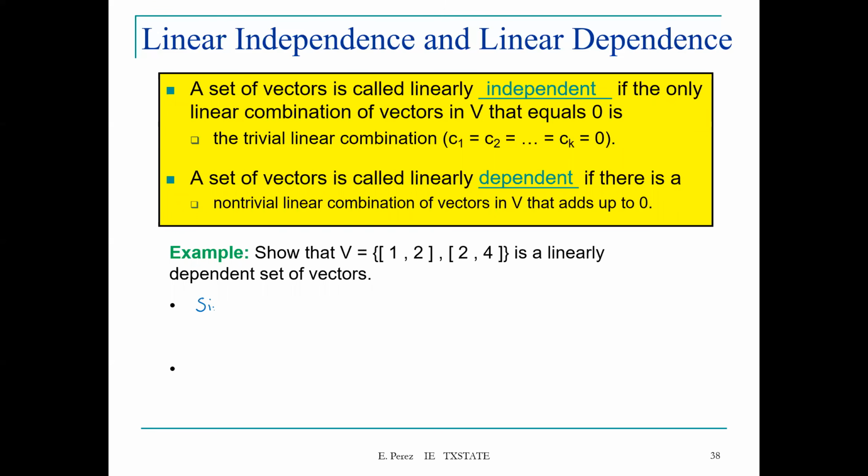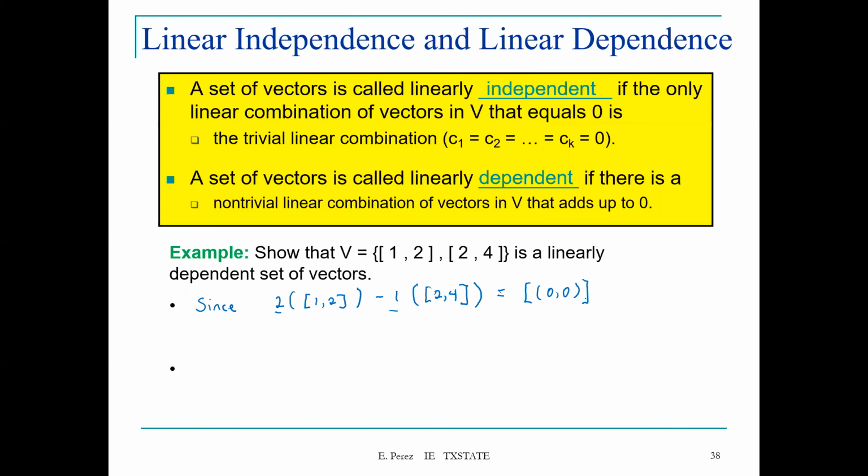Since we know such a combination exists, for example, if I do 2 times this row vector 1, 2 minus 1 times 2, 4, if I arbitrarily select 2 and minus 1 and perform this operation, I can obtain a vector that is equal to 0, 0.